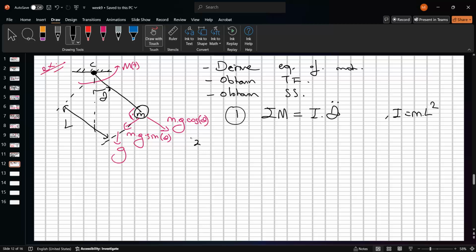And so in the second place, we need to continue with our equation of motion. So I times theta double dot must be equal to what? We have the moment here, and we need to add this one because the direction of theta and the moment is the same.